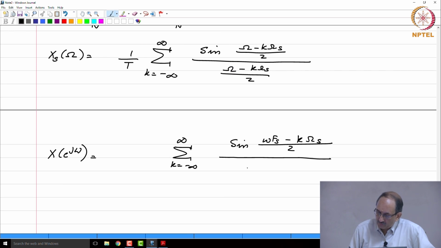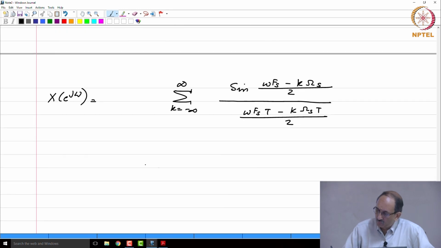So, this becomes ωFs times T minus kΩs T by 2. So, now this becomes sum over k going from minus infinity to plus infinity.